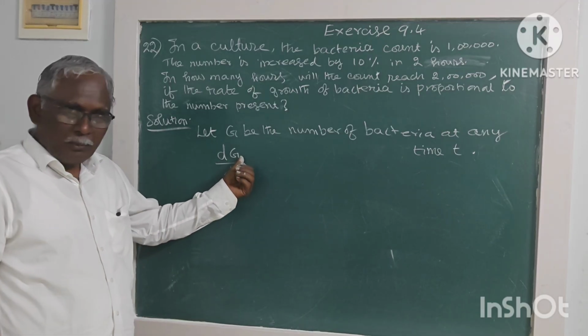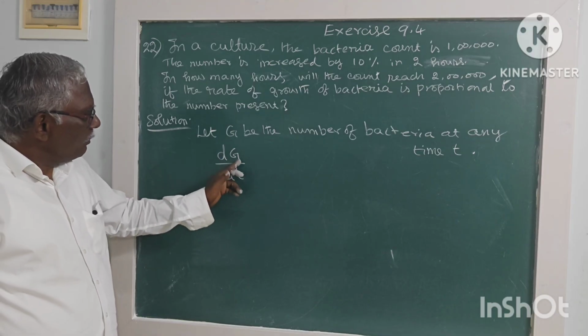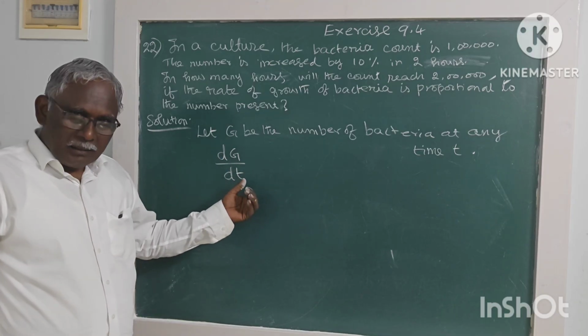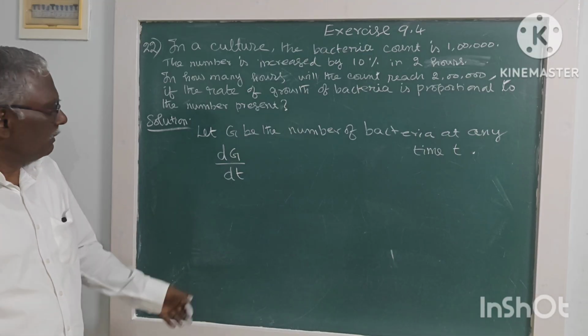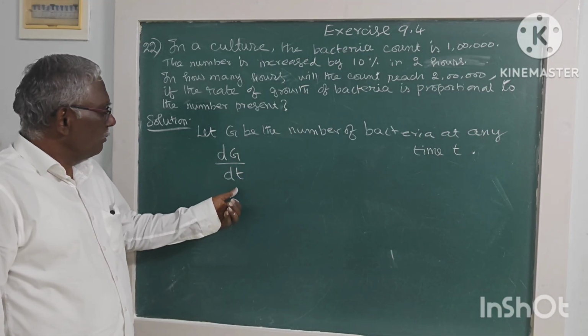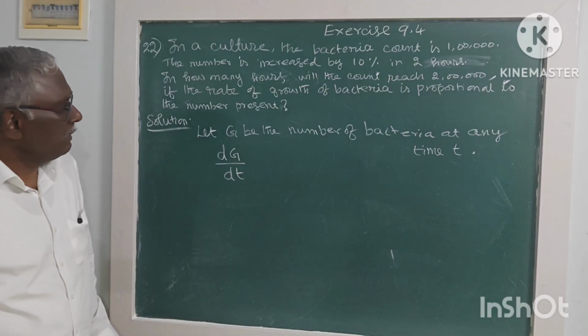G is the number of bacteria at any instant t, and t is time. Rate means always with respect to time only. So dg by dt is nothing but the rate of growth of bacteria at any instant.